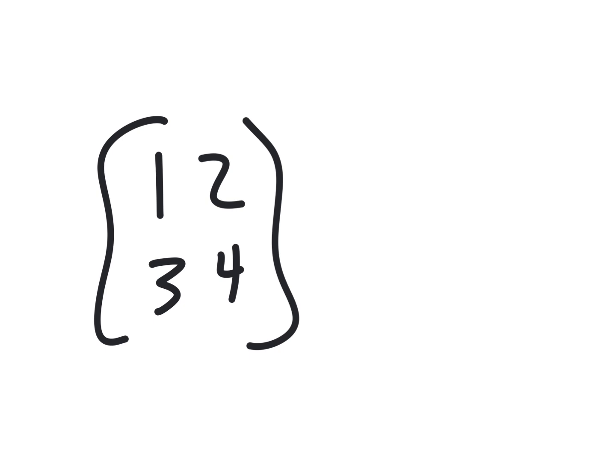Do it by hand. You should have done 1 times 4 minus 2 times 3, which would be 4 minus 6, which would be negative 2. Who had negative 2? Nice.